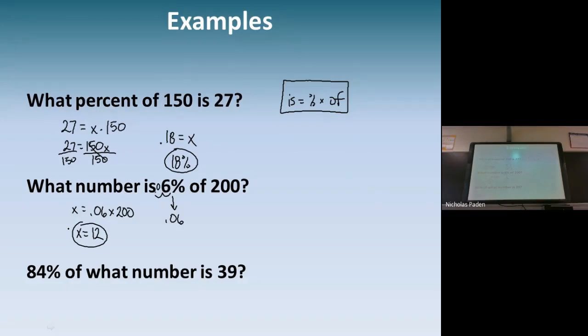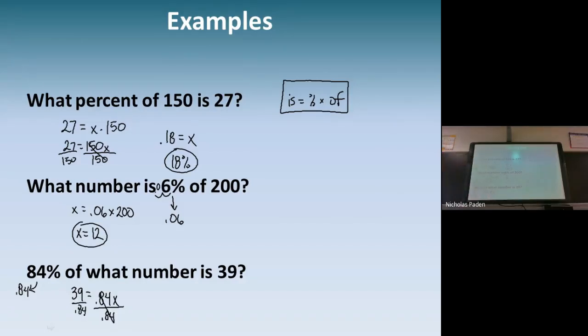And then our last one there, 84% of what number is 39? We have is 39, so 39 equals 84%, write that as a decimal, 0.84. So 39 equals 0.84 times x. So to figure out this one, we need to divide both sides by 0.84.